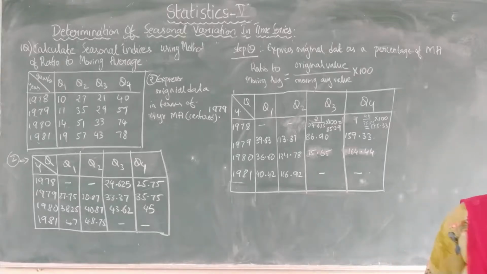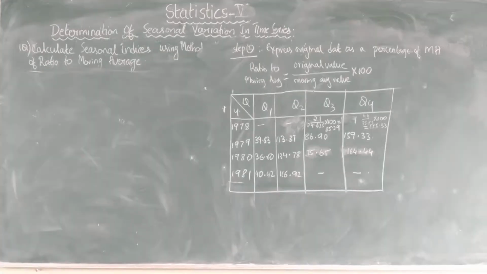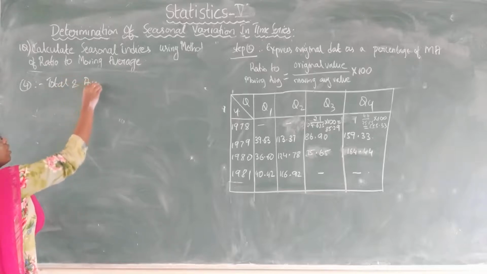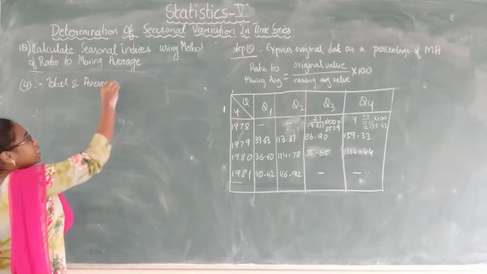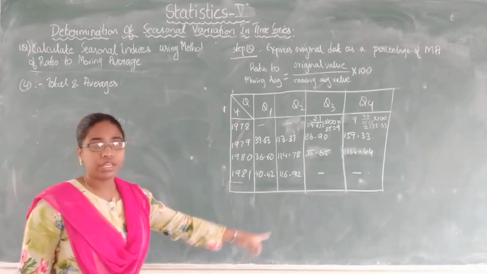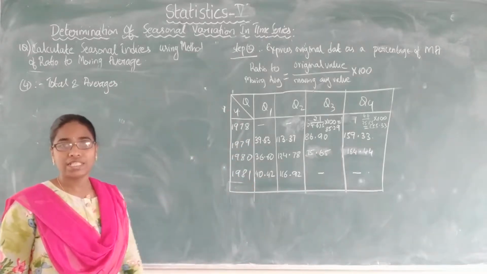Next we will move on to the fourth step. Step 4 is we have to find the totals and averages for the given quarters. The given data is quarterly data, so for each quarter we will be finding the totals and average.